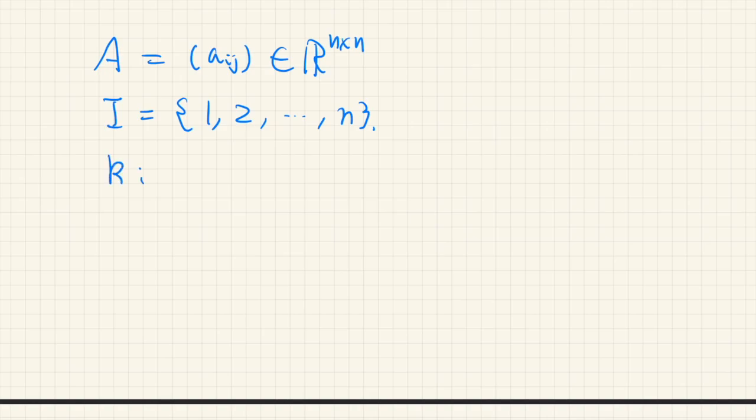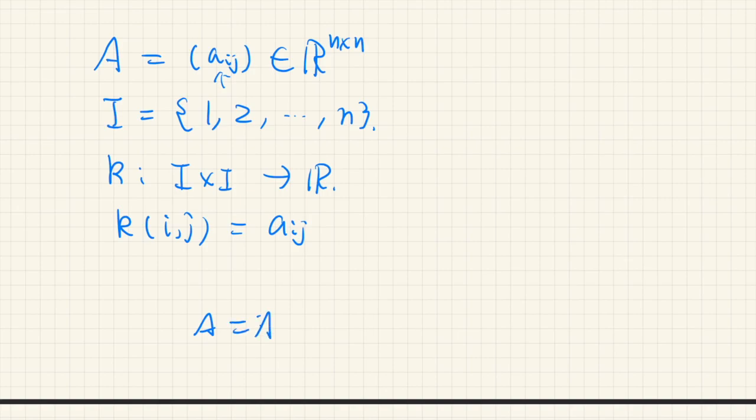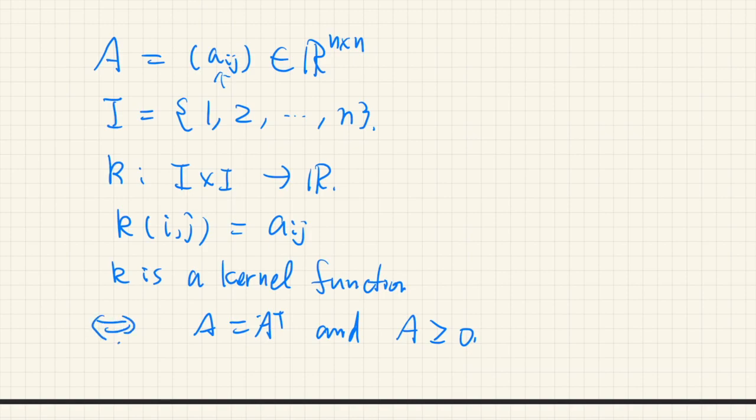Then we can define the function k from I times I to the real numbers by defining k(i,j) equal to aij, the ij element of the matrix A. Now, this function k is a kernel function if and only if matrix A is symmetric and positive semi-definite.